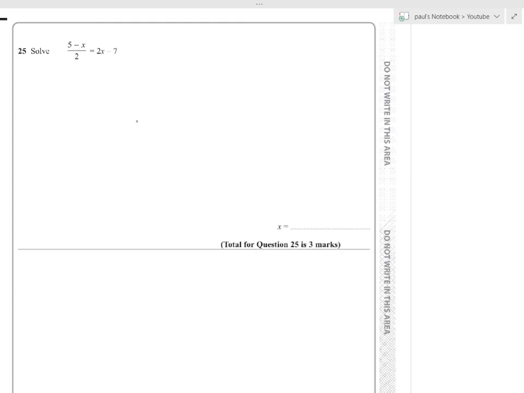Oh, algebra. That's a minus. So 5 minus x, multiply that side by 2. So 2x minus 7. Expand the brackets: 4x minus 14. And x minus 5. Now what can we do? Let's add an x to both sides to get rid of that. 5x minus 14.